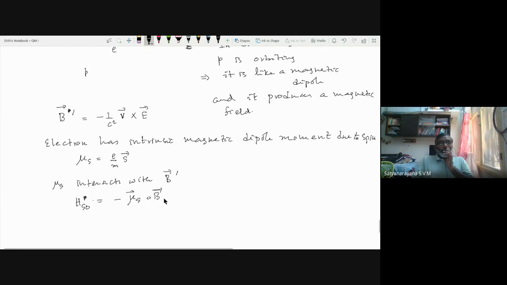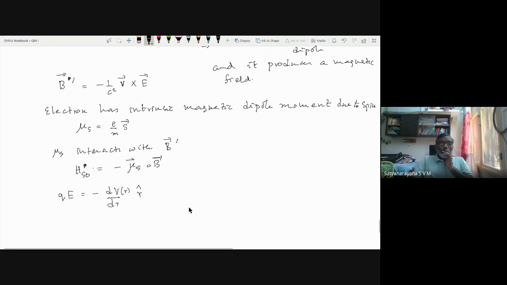Now we can ask a question. The electric field can be written through the force, which can be written as minus the potential energy V of r differentiated with respect to r, in the direction of r cap.